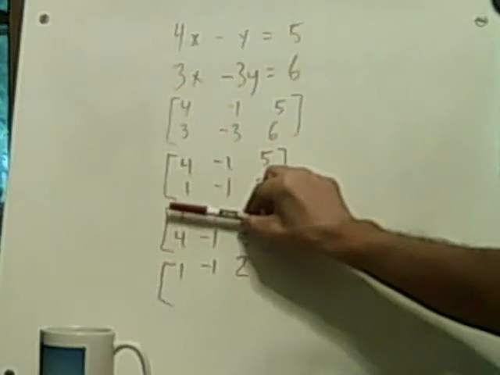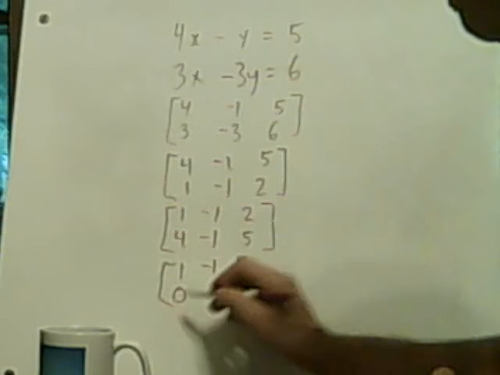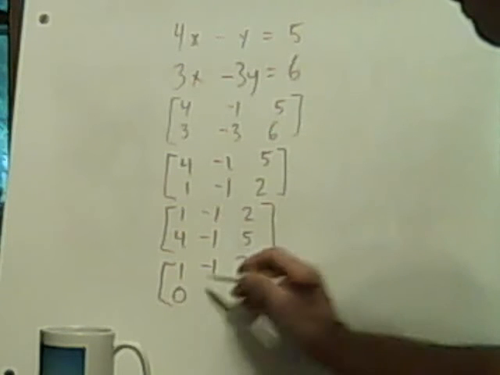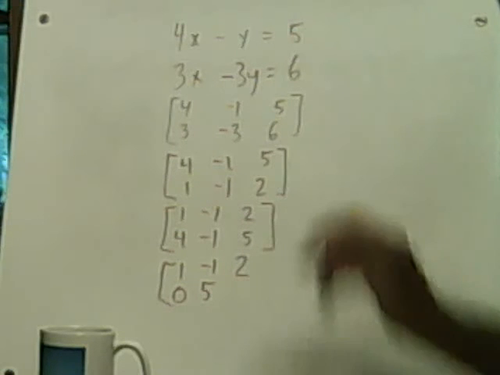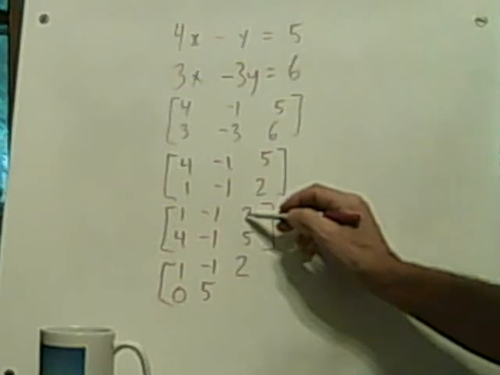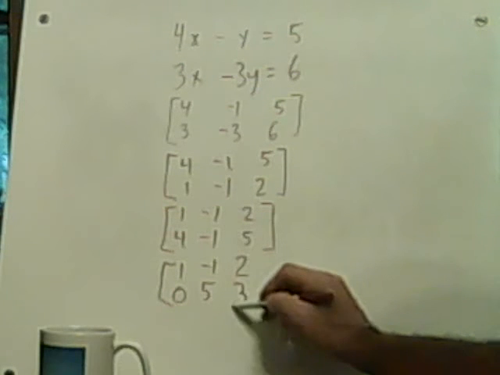I'm going to multiply by 4 and subtract off that one. So that's 4 minus 4. On the second element, it's going to be negative 4 minus negative 1. That's going to be 5. And then this one I'm going to multiply by 4, and that's going to be 8 minus 5 to give 3.